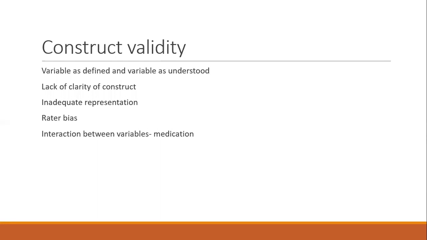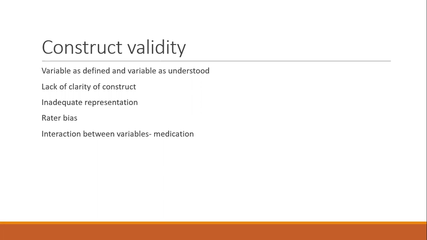Construct validity: the variable as defined and the variable as understood. If the construct is unclear, for instance if you say function, we very often do this. We say, I'm looking at functional recovery. What do you mean by functional recovery? Function does not really have a definition for research.